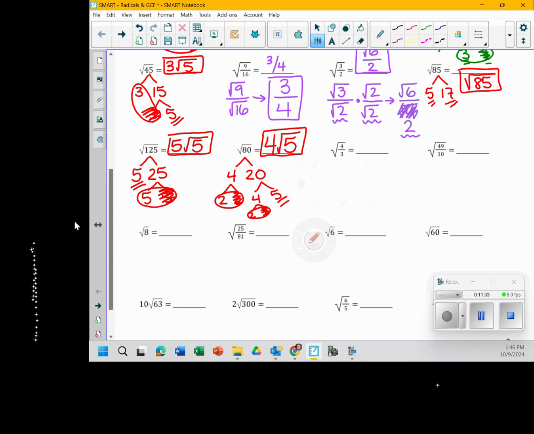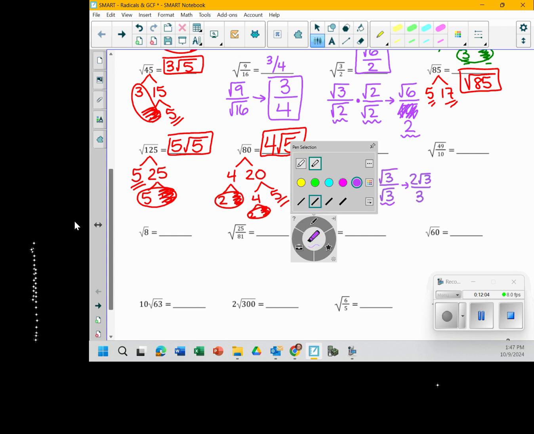This next one's a little tiny bit different. So square root of 4 over square root of 3. I can do the square root of 4. Square root of 4 is 2. I cannot do the square root of 3. This is a problem because square roots cannot be in the denominator. So I'm going to rationalize by multiplying by root 3 over root 3. And that gives me 2 square root of 3 over a normal 3 because these pair up.